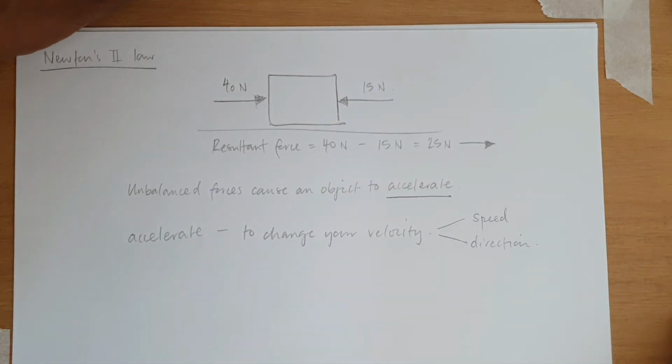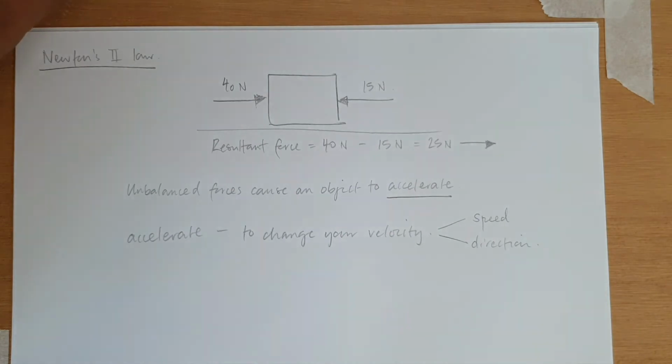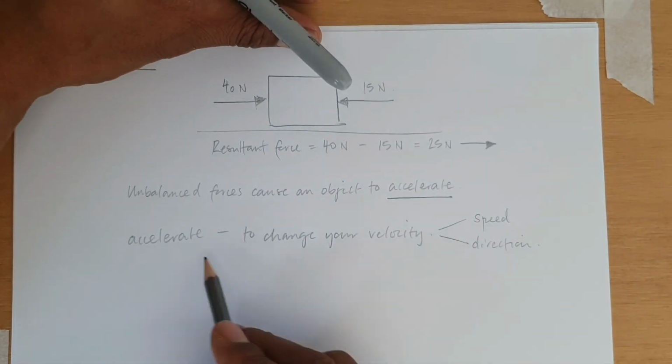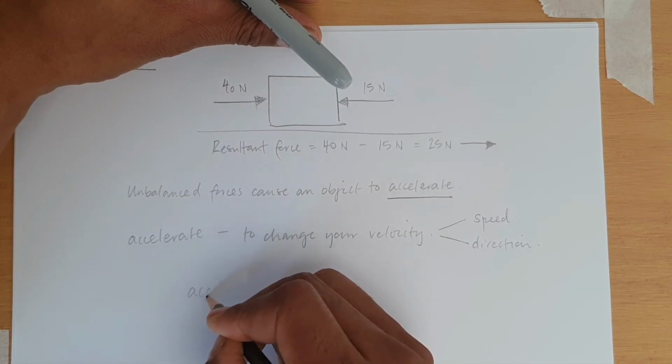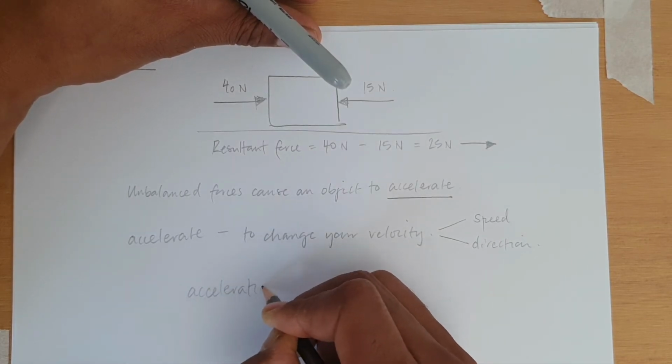And that's where Newton's second law comes in, because what Newton said was that the acceleration of the object depends on two things, okay? And this bit most people understand quite clearly.